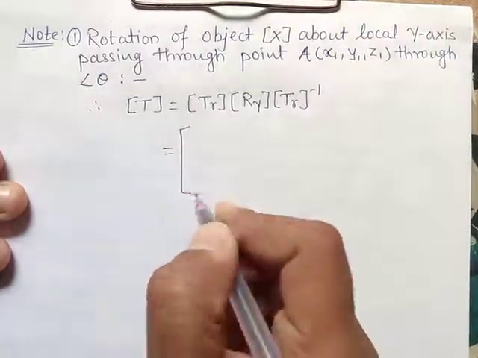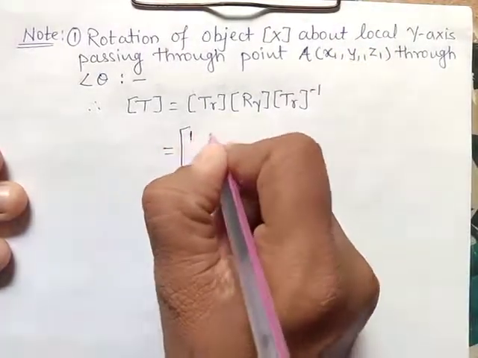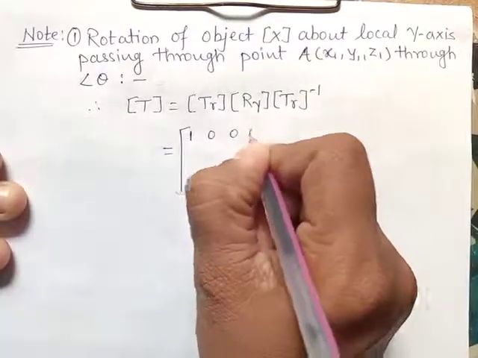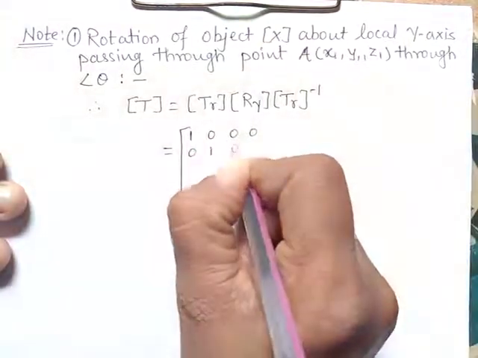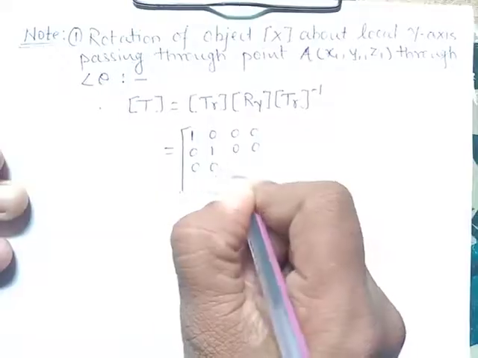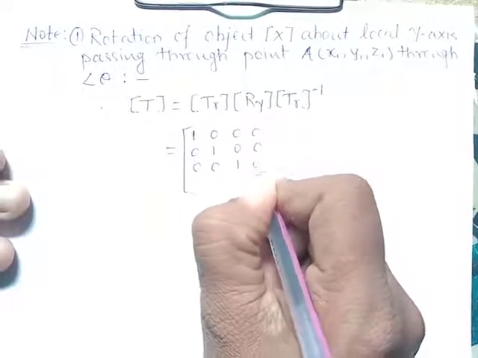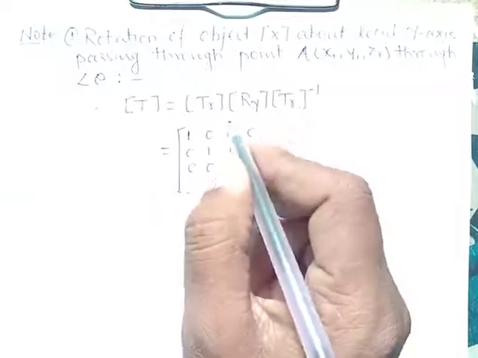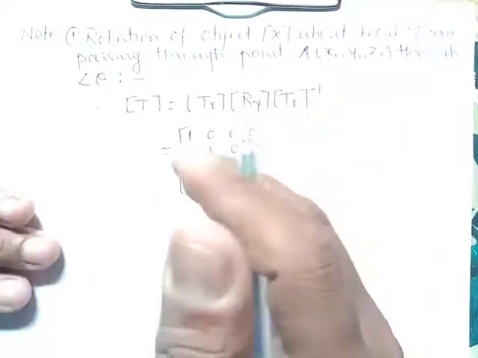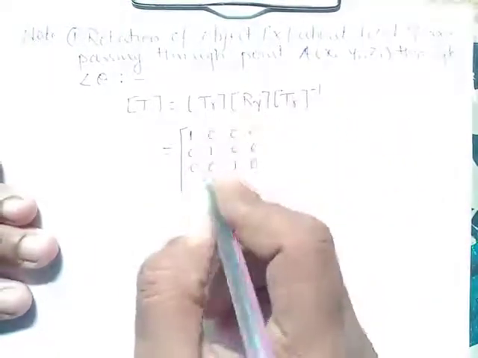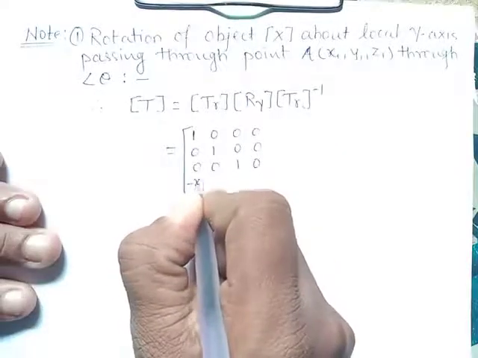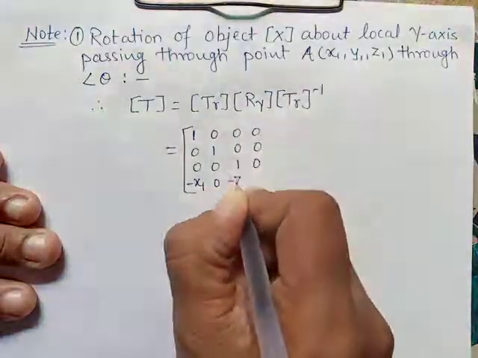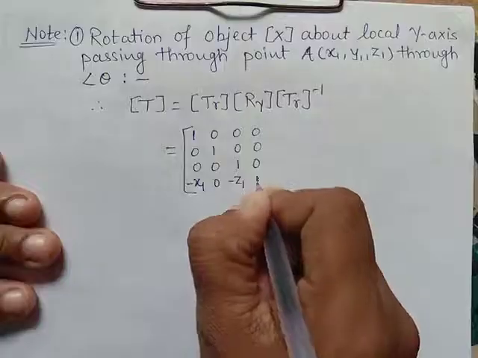The translation matrix is 1 0 0 0, 0 1 0 0, 0 0 1 0, and here we have to translate so that it coincides with the y-axis. So here minus x1, 0, minus z1, and then 1.